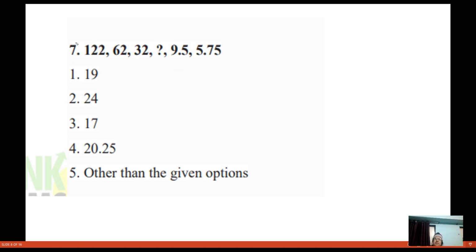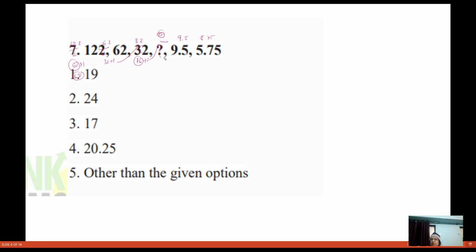So what I am saying, I have this 122, 62, 32, 17, 9.5 and 5.75. When I divide this by 2, I get 61, so 61 plus 1 is 62. This divided by 2 is 31, 31 plus 1 is 32. This divided by 2 is 16, 16 plus 1 is 17.